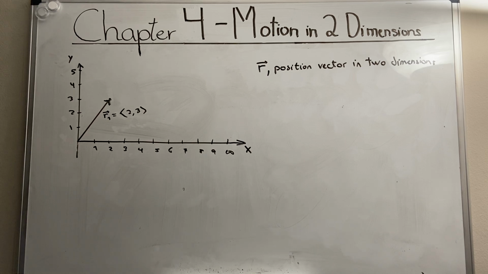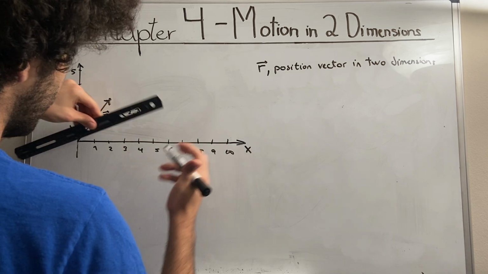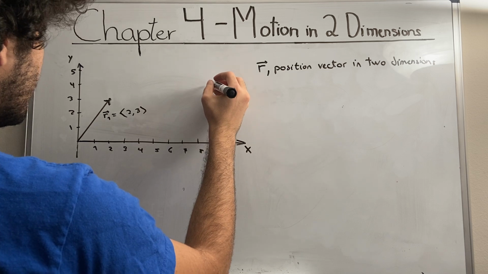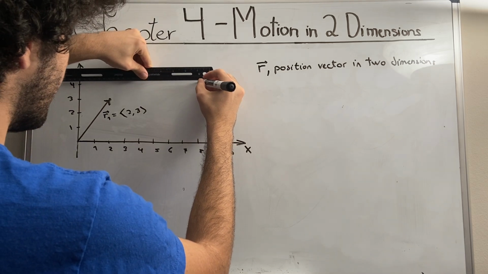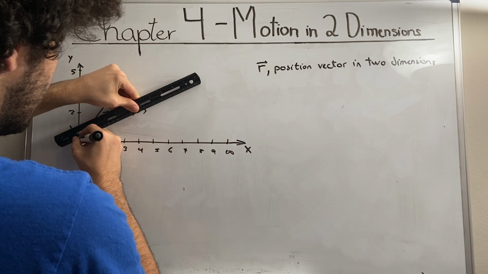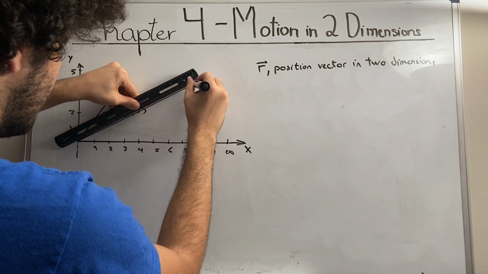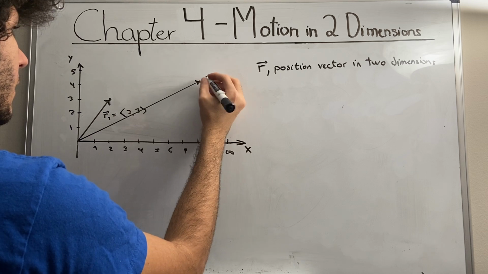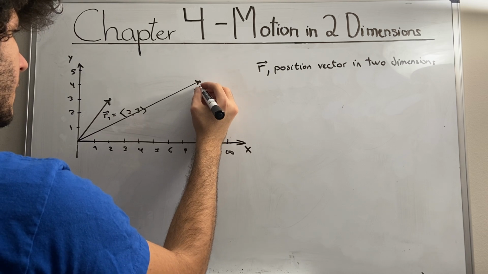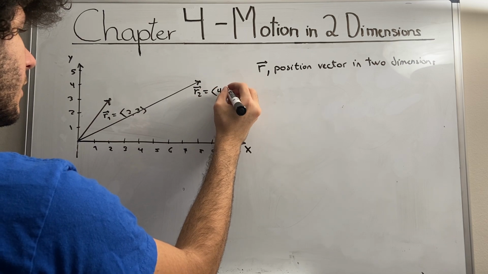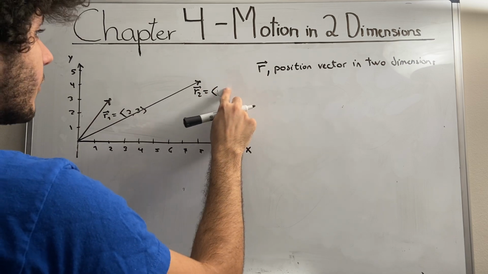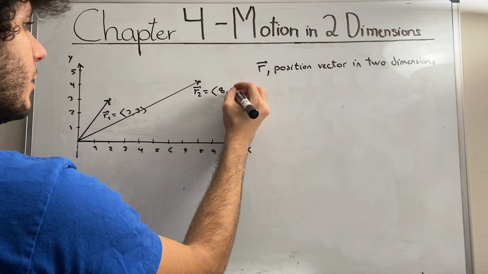And if we were to consider another point, let's call it 8, 4, my bad. This would be R2.